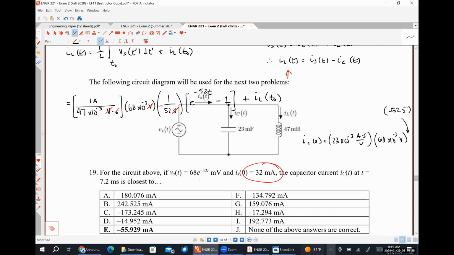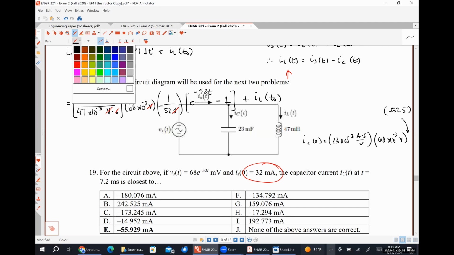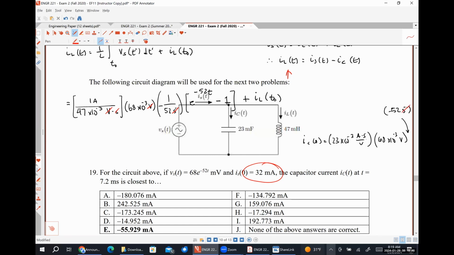The e to the negative 52t evaluated at 0 is just going to look like 1. So for the units, these per seconds cancel these seconds, and these volts cancel these volts. And so now we have IC at 0 measured in amps, and we have all of the parts to plug into our relationship.